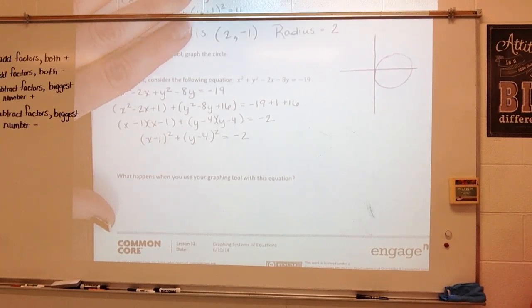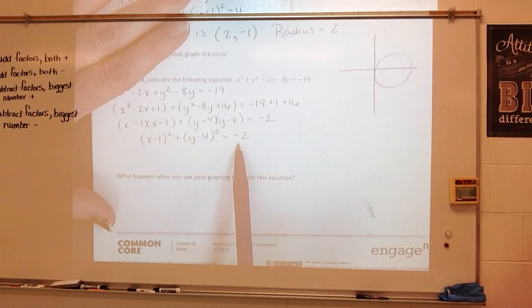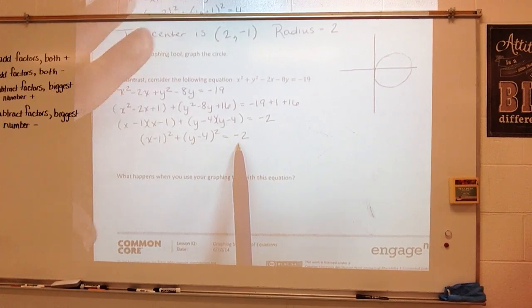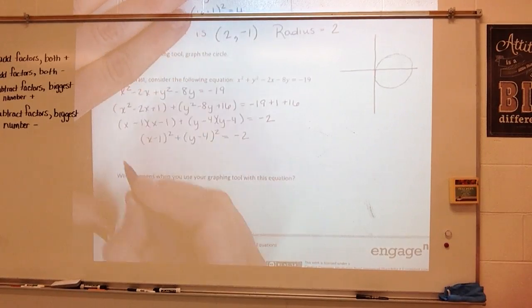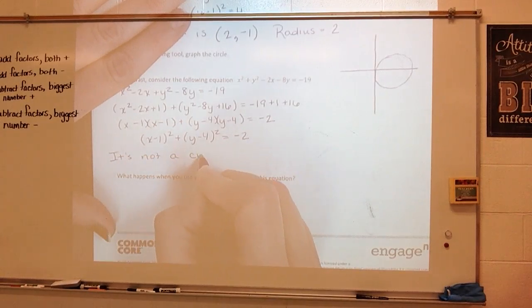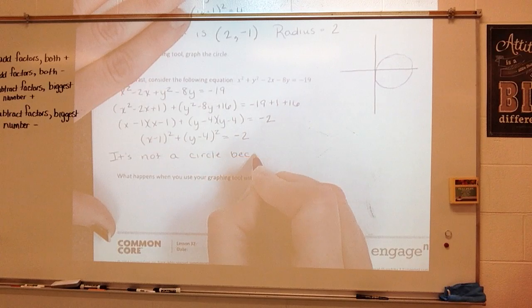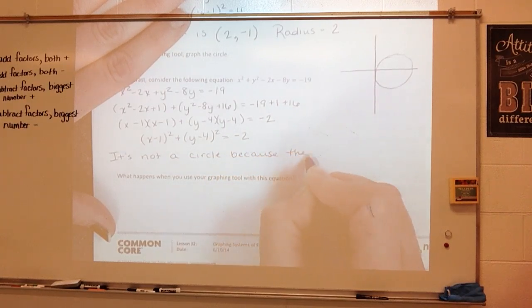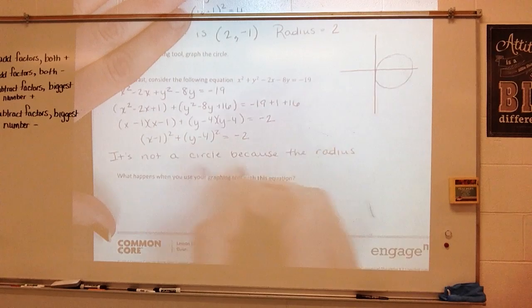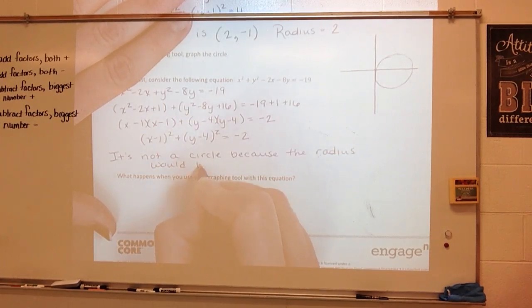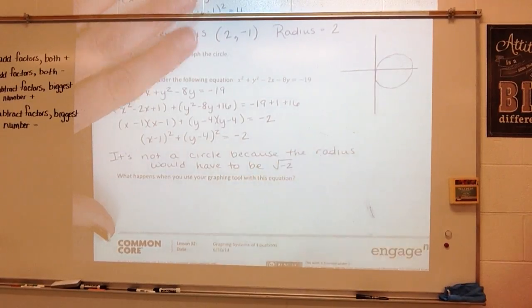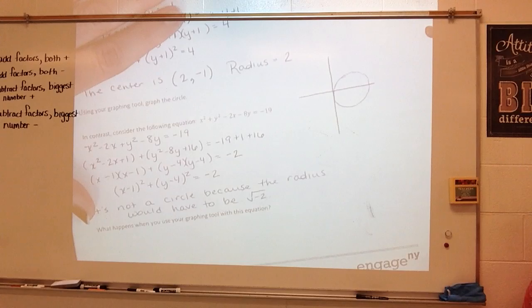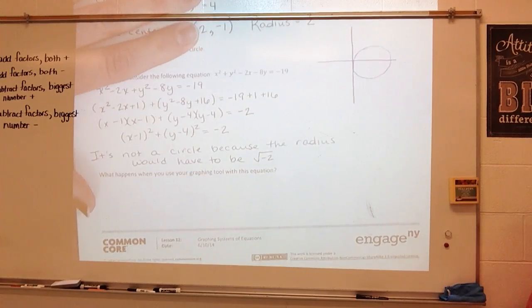It is not a circle because in this case, the radius would have to be the square root of -2. And I cannot do that. That will not work.